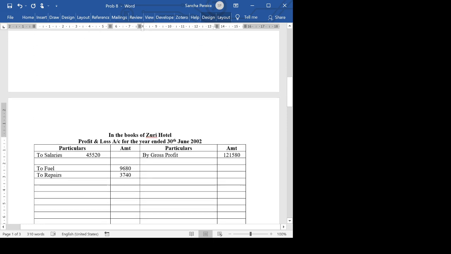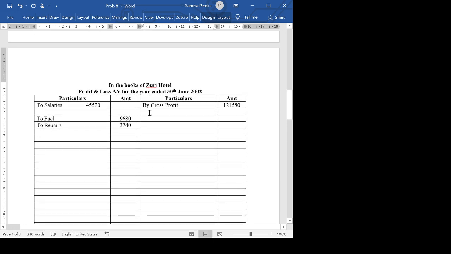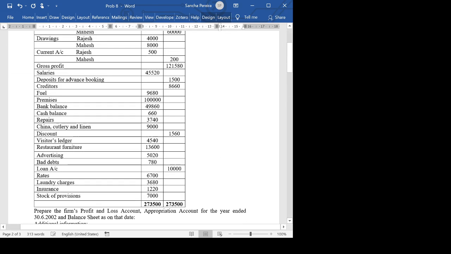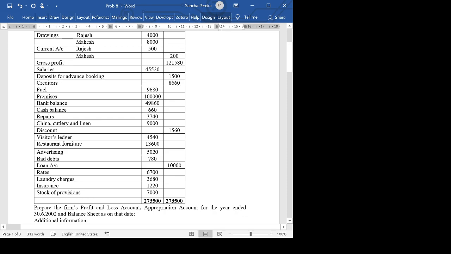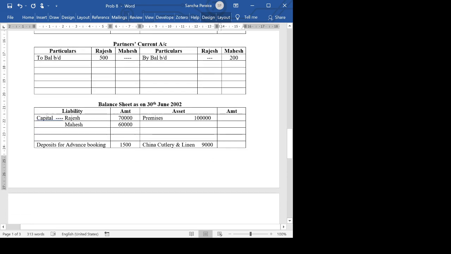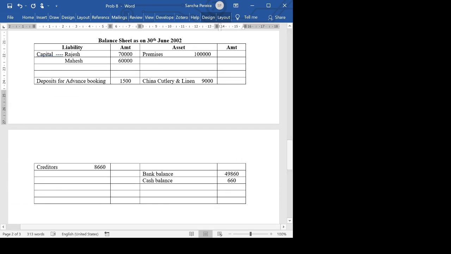Discount received 1,560. Visitors ledger 4,540. That's our debtors, 4,540.